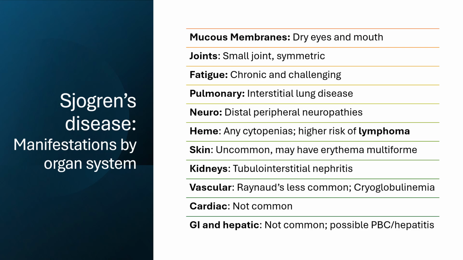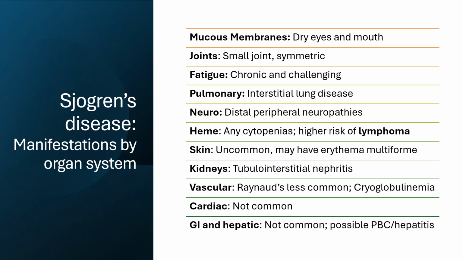This is a polyclonal gammopathy, but it's also persistent. For many, this high level of IgG is present throughout the course of their disease. Because of this increased B cell activity, there is a higher risk of lymphoma in patients with Sjogren's. So if you have a patient with Sjogren's who is now suddenly having unexplained weight loss, night sweats, swollen lymph nodes, you absolutely have to evaluate for lymphoma.